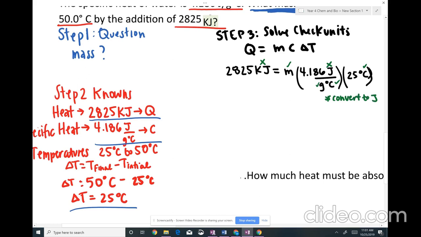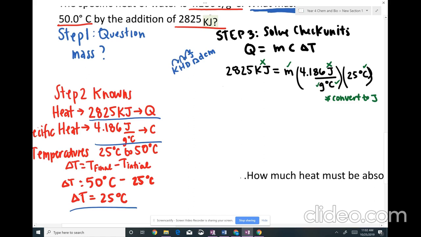The way that we do this is we go back to our conversion chart, our whole King Henry Died Drinking Chocolate Milk, and that's how we do our conversions. Joules is here, kilojoules is here. Since I'm going from kilojoules to joules, I have to move my decimal point 3 times.